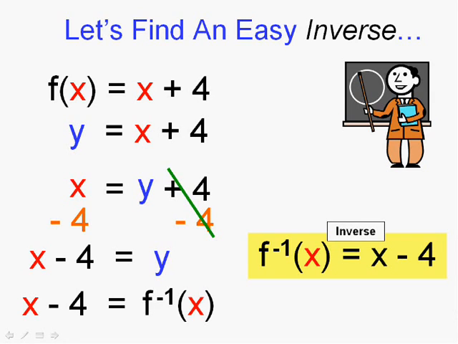Recall that the original function will take any value you put in for x, and pair it with a new y. We like to say, map every x to its own unique y. The inverse function is going to get you back from that y back to x.